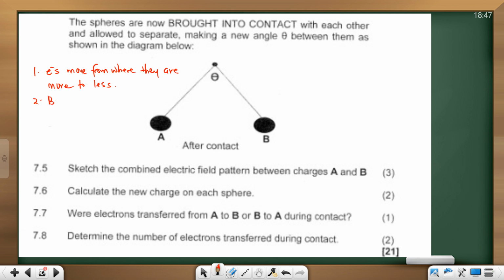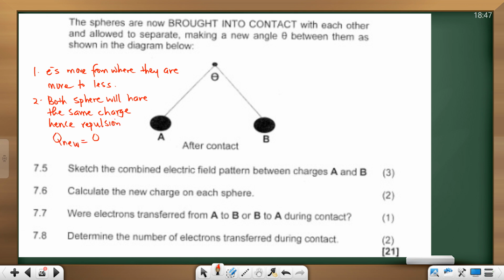Number 2, both spheres will have the same charge, hence repulsion. They will repel. And how do we get that?